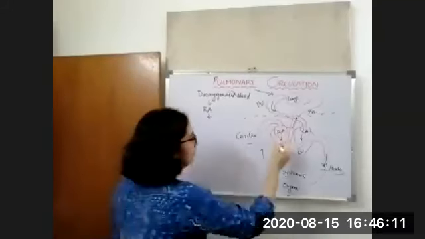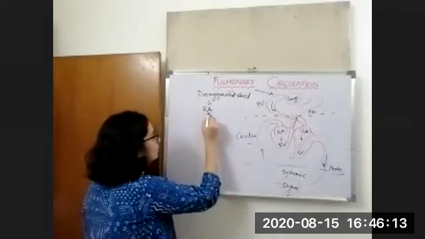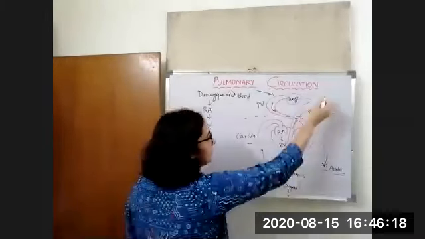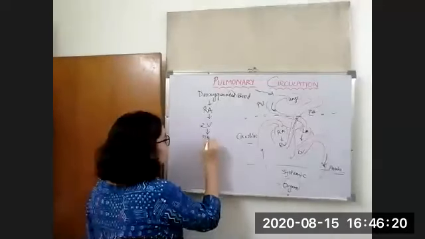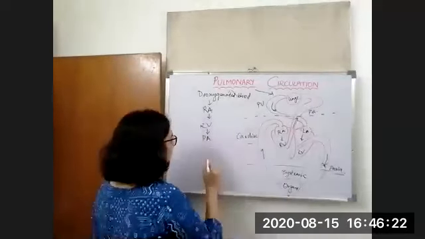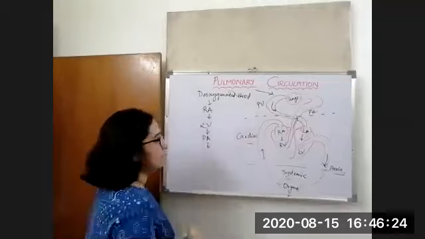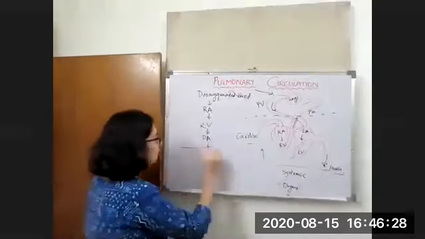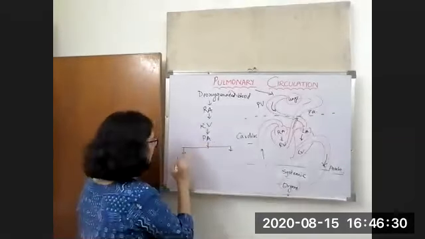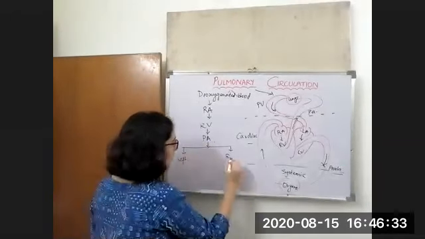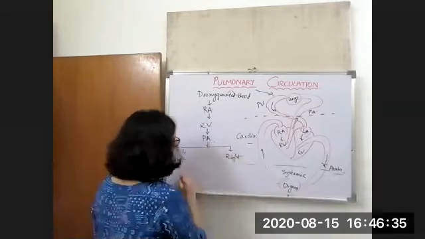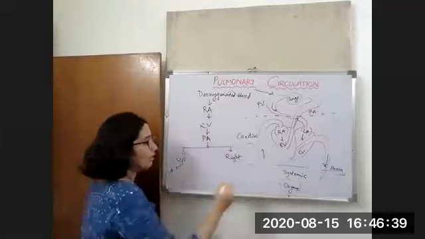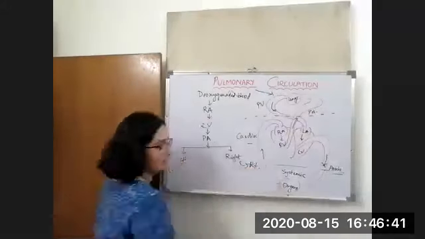It then goes to the right ventricle. Now from this you can see it goes to the pulmonary artery, to the lungs. Now what happens in the pulmonary artery is that it divides into two branches, left and right. The left branch goes to the left lung, the right branch goes to the right lung.